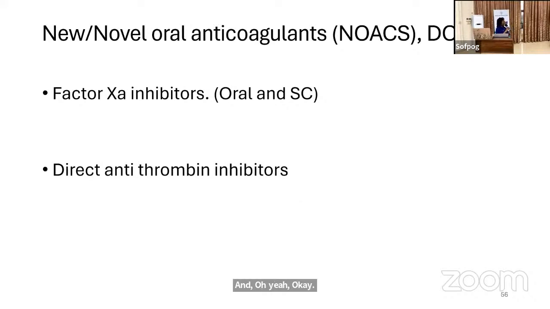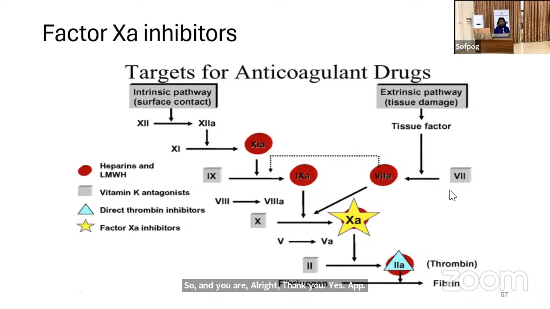So the newer or novel oral anticoagulants are the direct oral anticoagulants. They have oral and subcutaneous formulations. You have rivaroxaban, then the direct thrombin inhibitors.